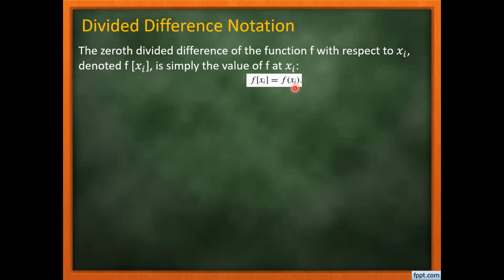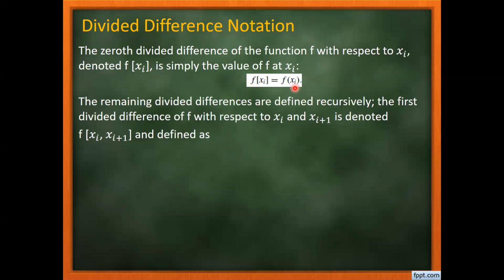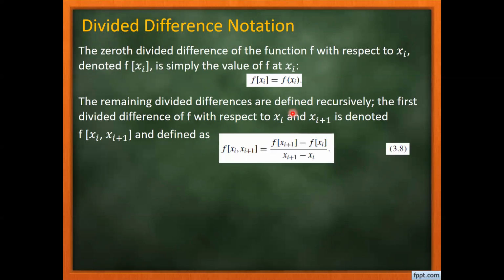For the first order divided difference at the ith node, it is the zeroth order divided difference at the (i+1) node minus the zeroth order divided difference at the ith node, divided by the difference between the (i+1) node and the ith node.